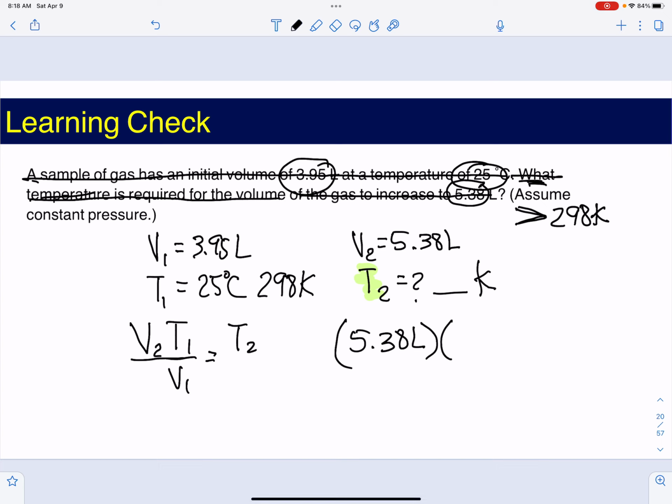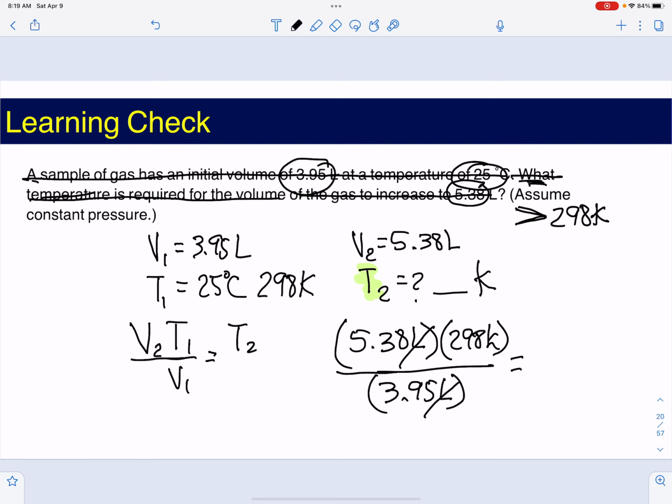T1 is 298. And V1 is 3.95. When I do that, my liters are going to cancel with my liters.